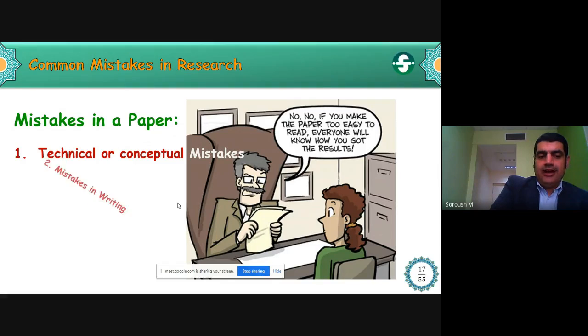And on the other hand, we have some mistakes in writing, and there is no mutual understanding between the scholar and the publisher or editor, because the words used or the style of writing is not proper.